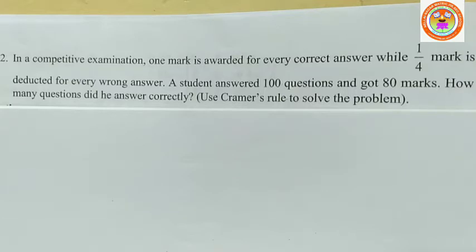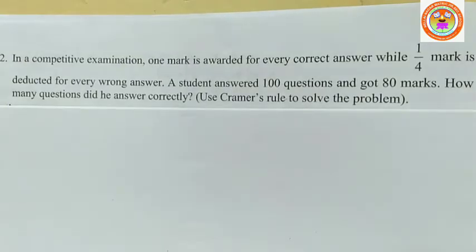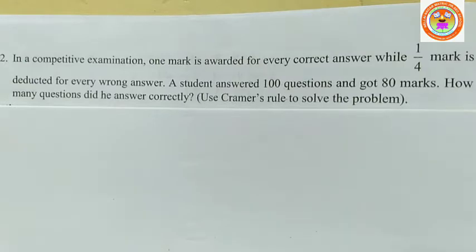That means negative marking. So if we answer wrongly, you will get minus 1/4. That's the meaning. A student answered 100 questions and got 80 marks. How many questions did he answer correctly?